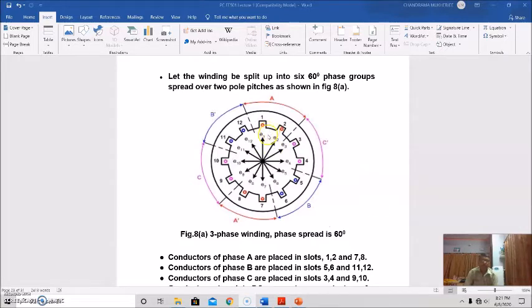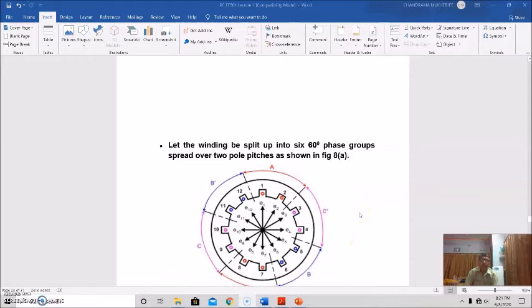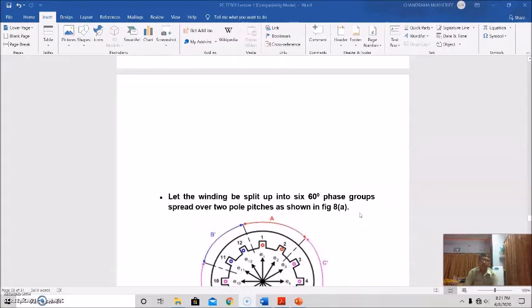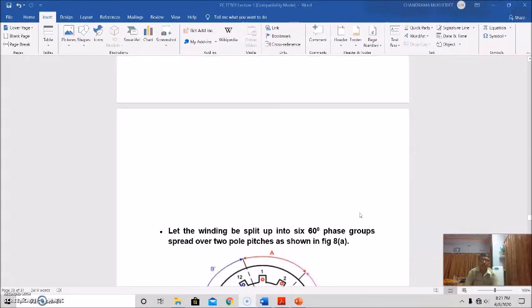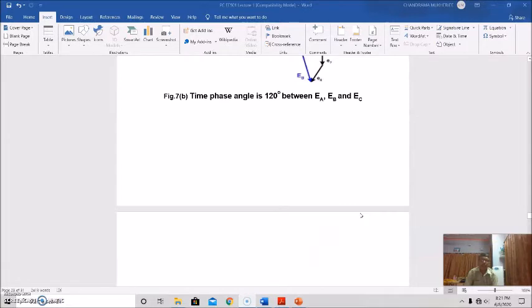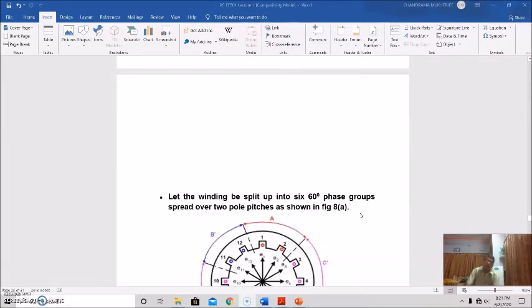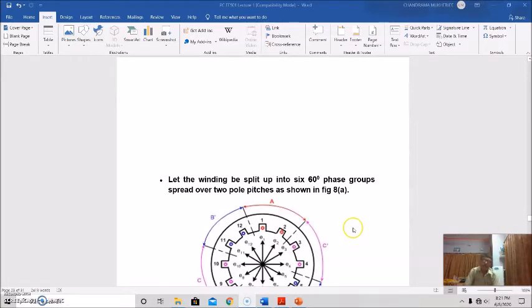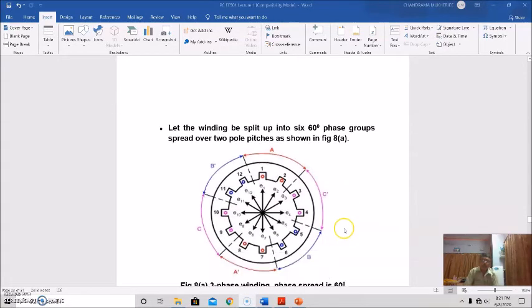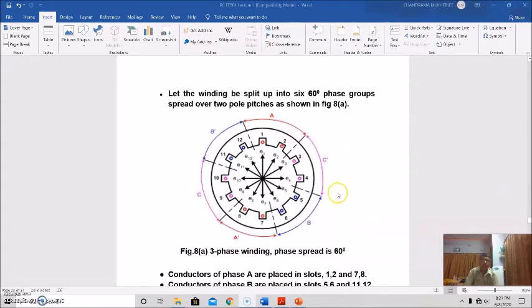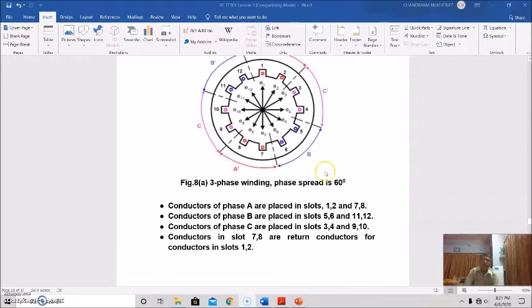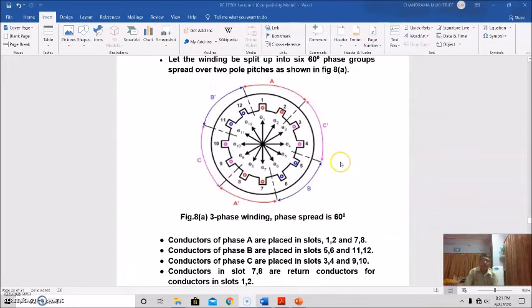Phase spread is 60 degrees. In the last class, in the last discussions, we have seen three-phase of 120-degree phase group. Now we consider six 60-degree phase groups. So this is actually the phase spread of 60 degrees.